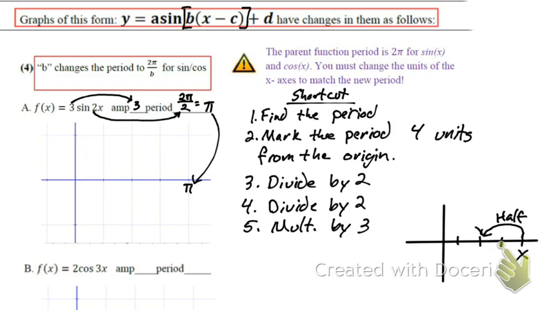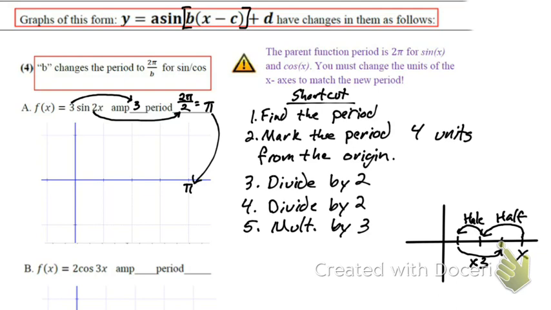Then I'll take that number and divide it in half again. So this is half this distance. Then I multiply by 3 to get this third one. You'll hear me say it's half multiplied by 3. It's not that bad here, but on ones with weird numbers, that's when you really need this.